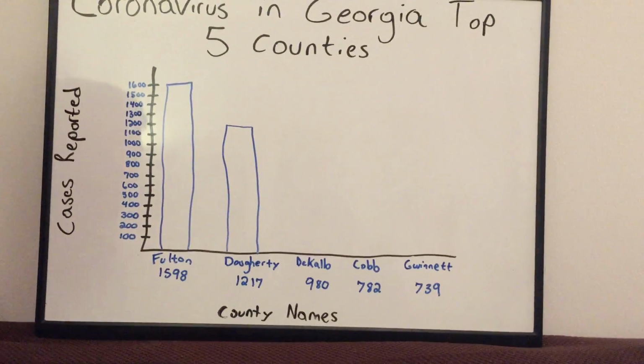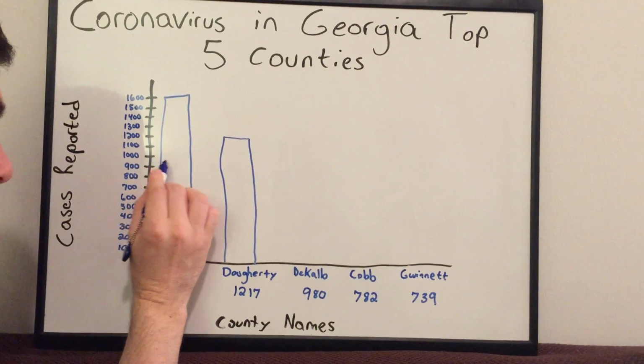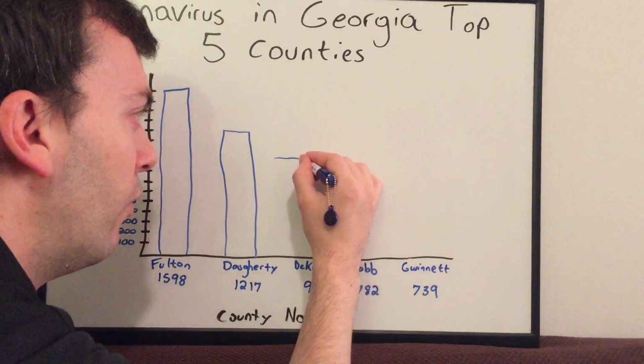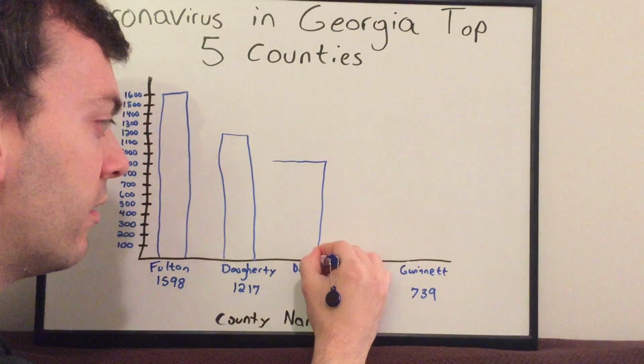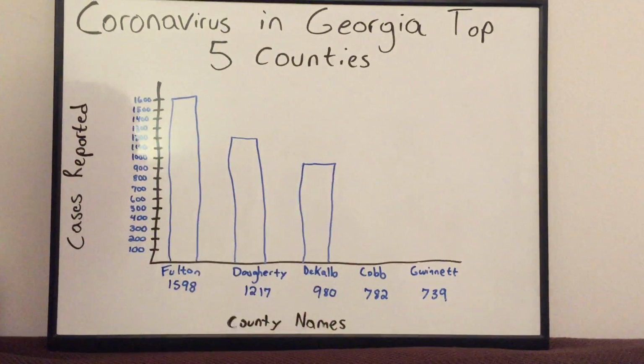All right, DeKalb is 980, so that's going to be slightly under my 1,000 mark, so I'll go right underneath my 1,000 mark.